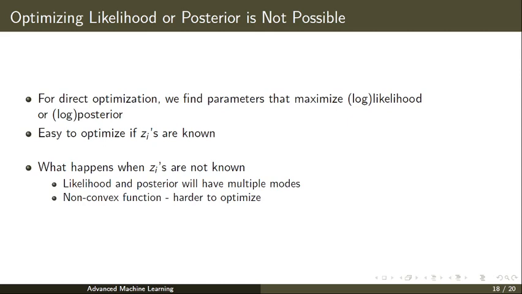So instead of getting the minimum value, you may end up in a local minimum. There will be multiple minimum values, and instead of reaching the global minimum, you will end up in a local minimum. That's what will happen if you try to optimize it directly.